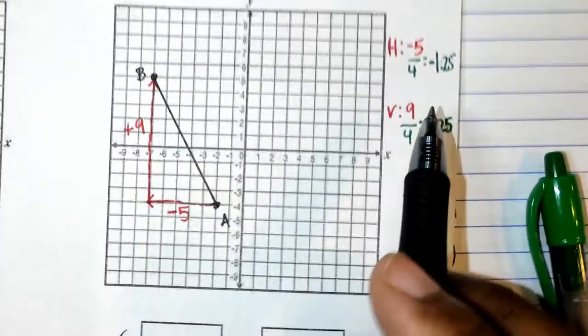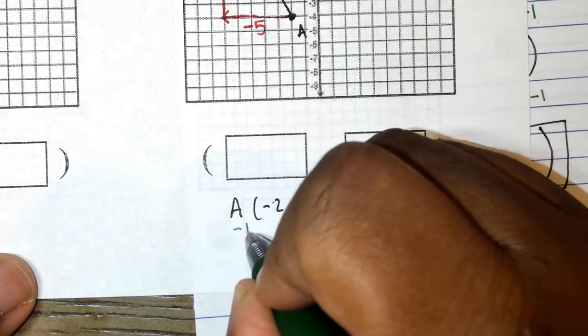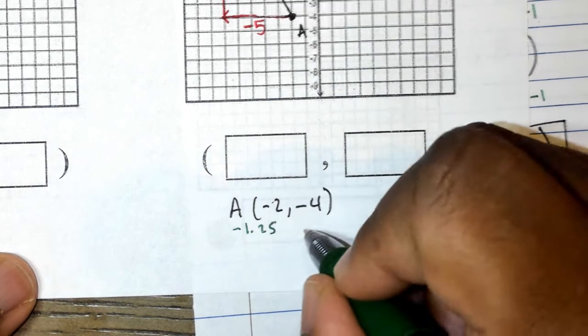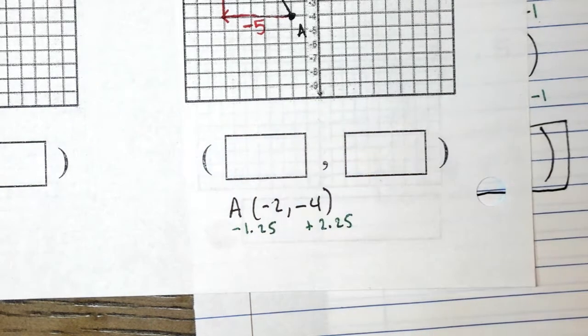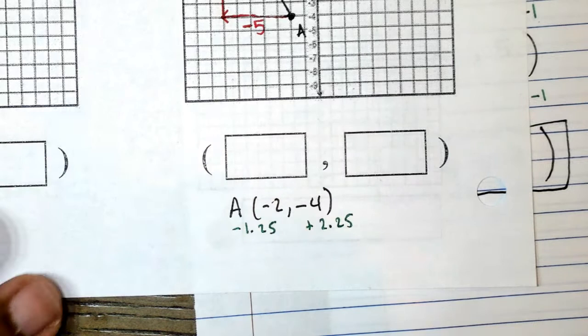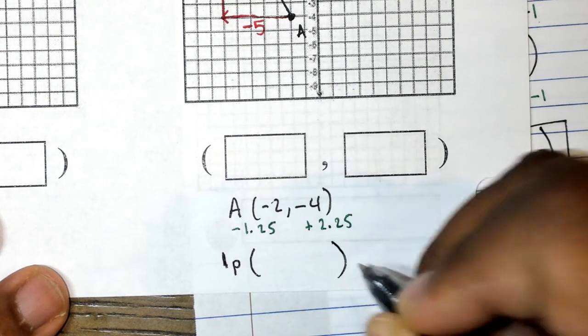Say 1 to 3, so I only need to do one partition. So I only need to do the horizontal and vertical change once. Horizontal change, remember, was -1.25. Vertical change was 2.25. So I just need to do that math once to get my first partition.